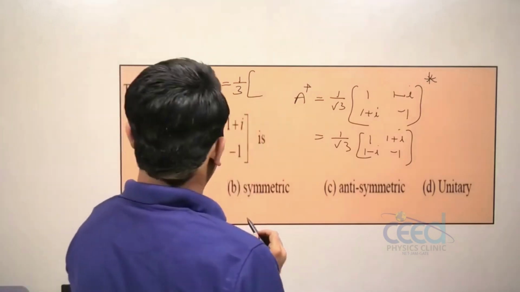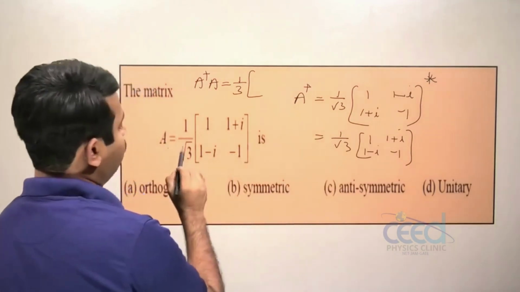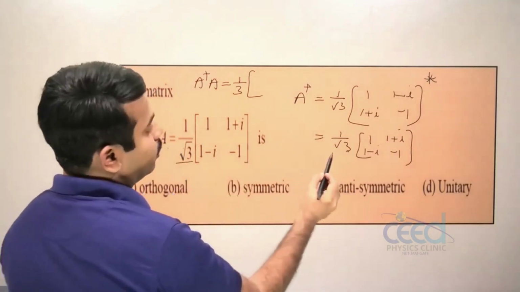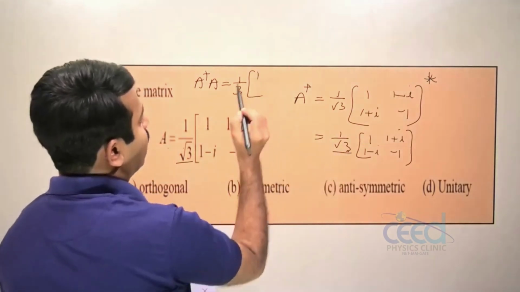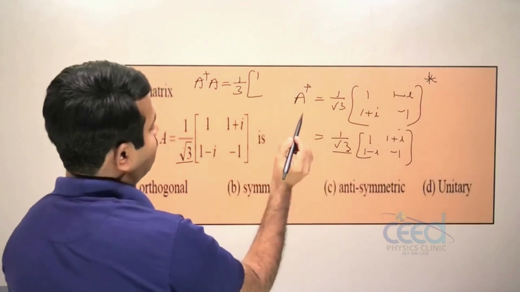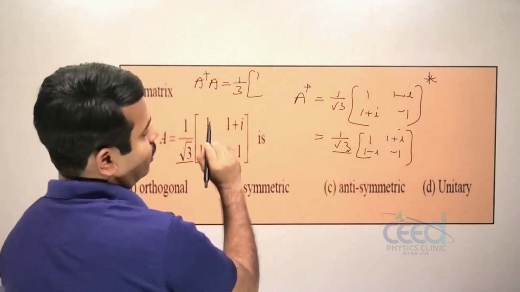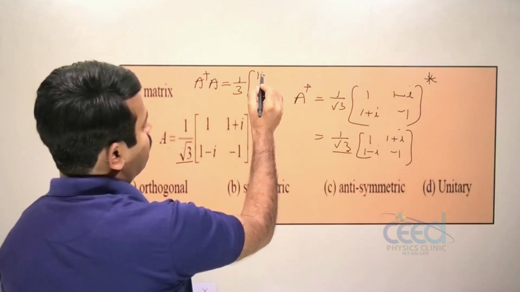Now 1 by root 3 into A dagger I am doing, then 1 by root 3 into 1 by root 3, that is 1 by 3 into 1, 1, right? And 1 plus I into 1 minus I, that is 1 minus I square, right? That is 1 minus I square, that is what?